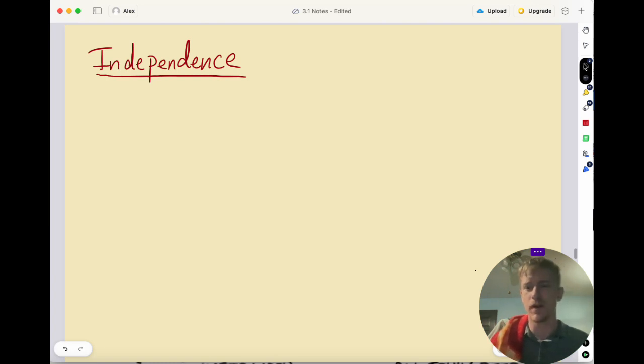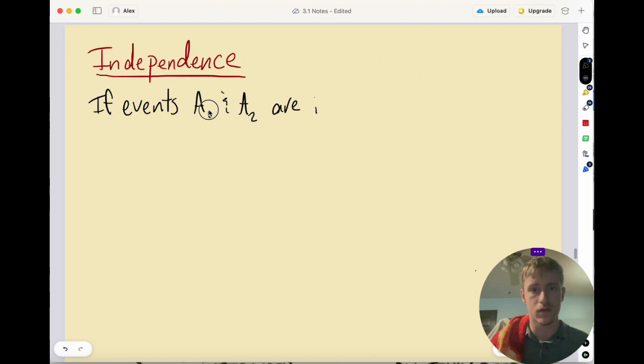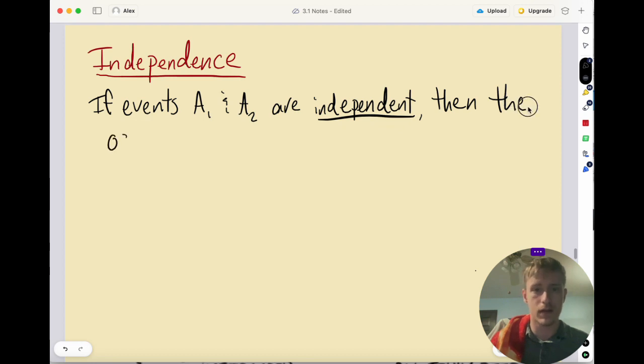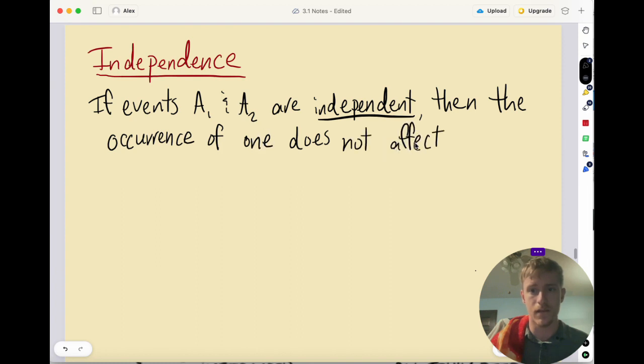So what does it mean for two events to be independent? Well, if events, we'll say A1 and A2, are independent, what that means is that the occurrence of one does not affect the probability of the other.